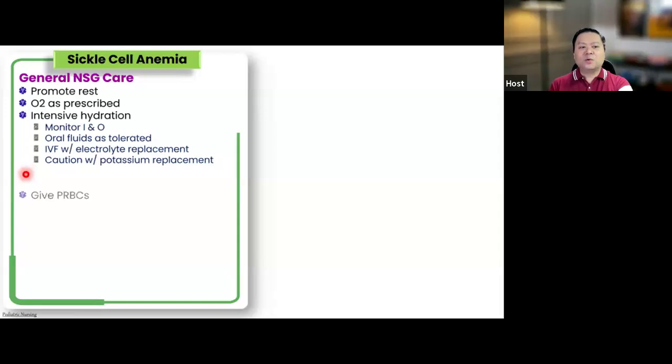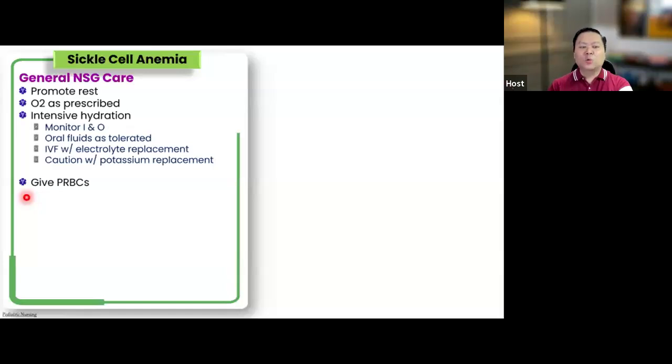Now, another thing that we got to make sure is to be ready about the administration of packed red blood cells. And we got to make sure that we have the proper cross matching, making sure that we are properly checking the consent of the patient, or let's say the parents. We want to make sure that we are checking thoroughly the information, the tag of the unit of the bag, checking with the other registered nurse, make sure that we are thoroughly looking into the fine details before we initiate the transfusion.